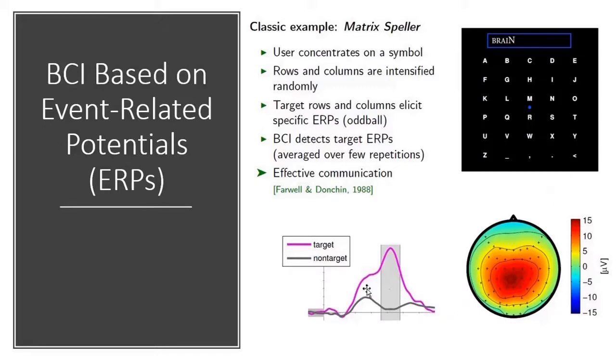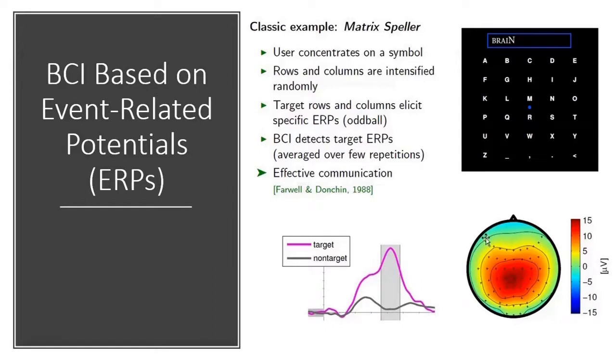They look like this. For instance, you're looking at N, and then the brain response will look like the following: a positive wave happening around 300 milliseconds. In contrast, the non-target brain response will be of lower amplitude. We usually visualize brain activities using so-called topographic maps that show us the amplitude, the strength of the signal picked up by specific electrodes.